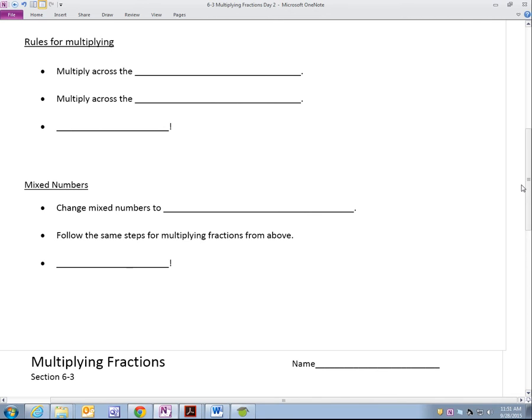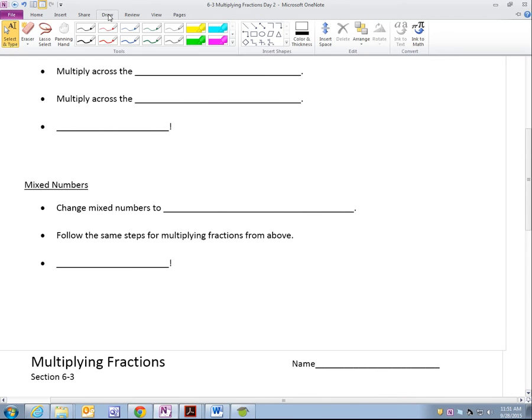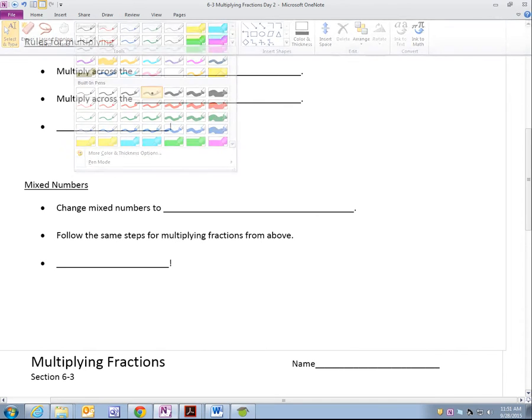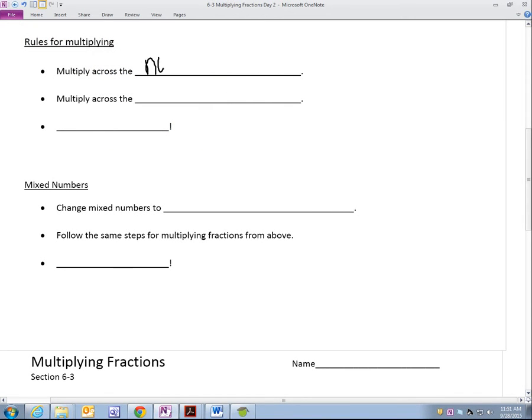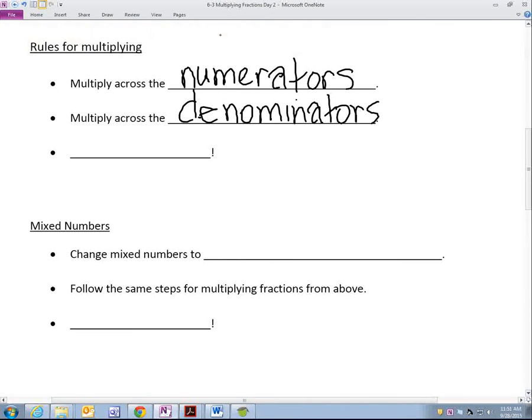Rules for multiplying. You guys had this last year. It is multiply across the numerators. And then you're going to multiply across the denominators as well. Multiply across the numerators, multiply across the denominators.